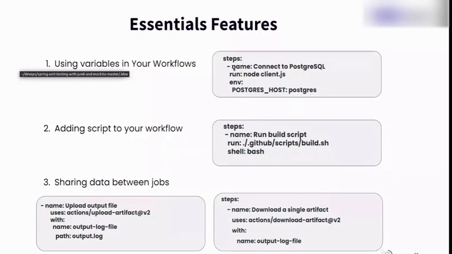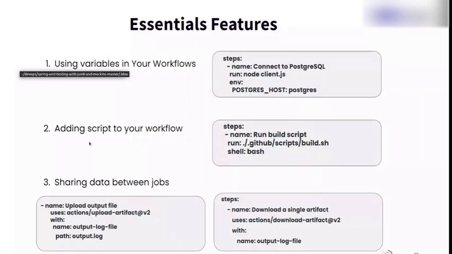So I specify the name that is connect to PostgreSQL, and there would be a step that is run node client.js. I need to execute this file, and let's suppose for performing this action, I need to use some of the environment variables. So for specifying this, we can write the env, and then we can write the multiple environment variables that we want to use.